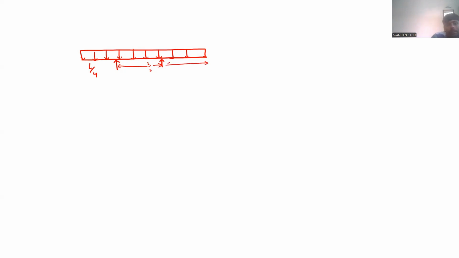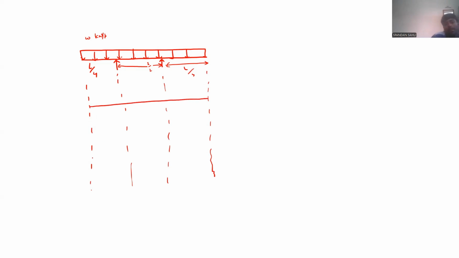And this is again L by 4. So now this is W kilonewton per meter. So now just plot the BMD and SFD for this beam throughout the span length and find out the maximum bending moment and maximum shear force.